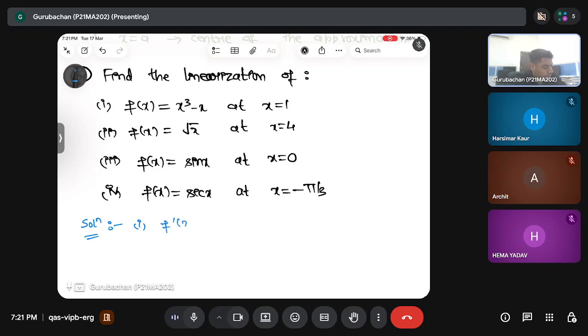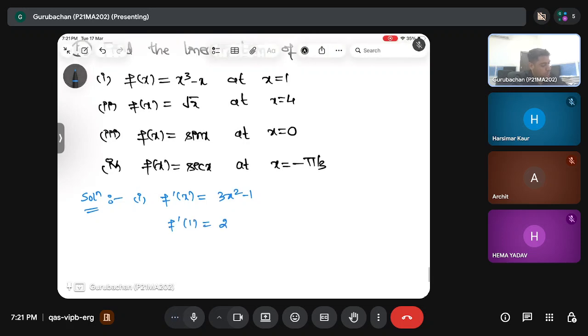What is the derivative of this one? 3x square minus 1, and f dash at 1 will be 2. By the formula for linearization we know that, moreover, f of 1 is 0.